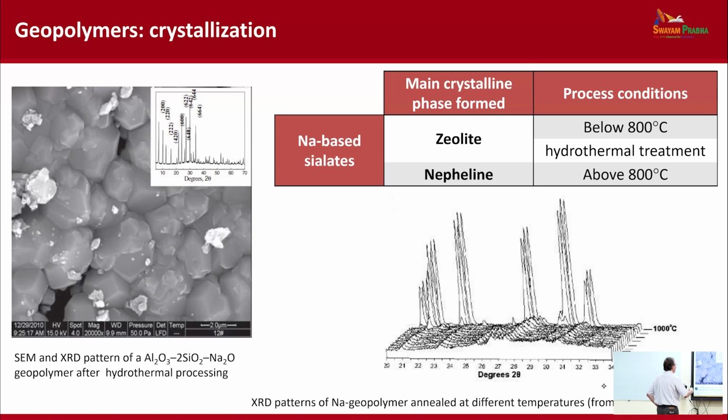And one interesting point is that these materials have a composition similar to some zeolites. So people say that these materials are cryptozeolitic because at room temperature you don't have fully blown zeolite crystals, but you can obtain for certain compositions certain zeolites without hydrothermal treatment.